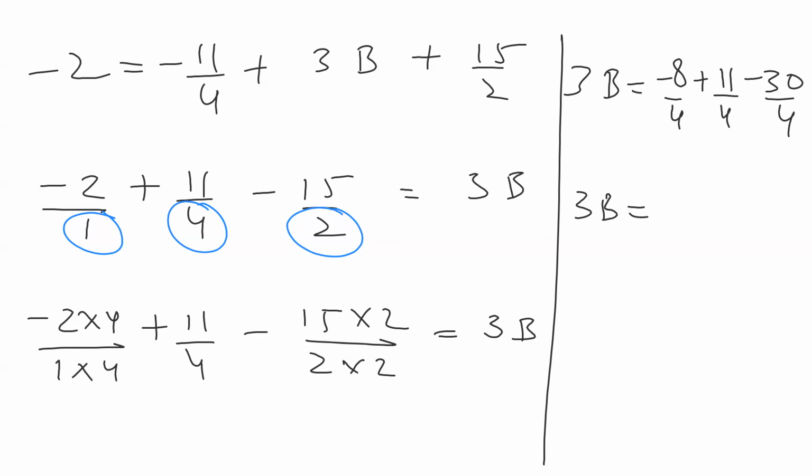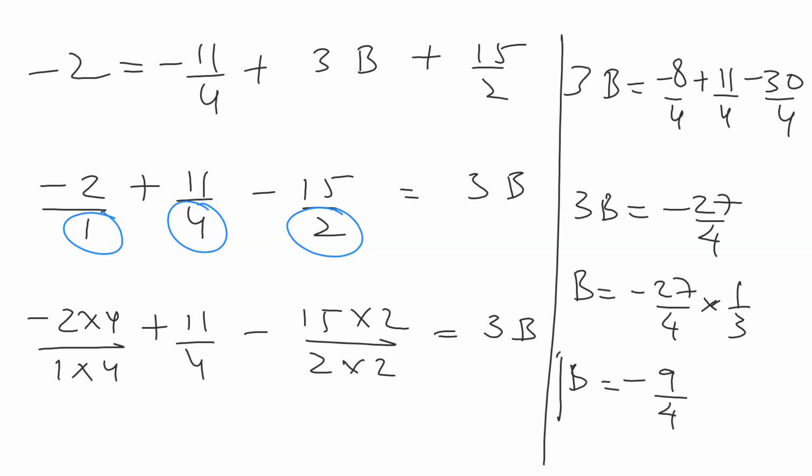So 3b is equal to minus 8 plus 11, that is 3, 3 minus 30, that is minus 27 by 4. So b is equal to minus 9 by 4, into 1 by 3. So b is equal to minus 9 by 4. B is equal to minus 9 by 4.